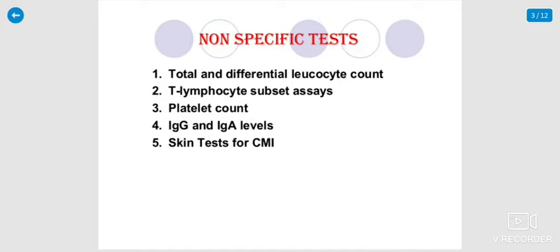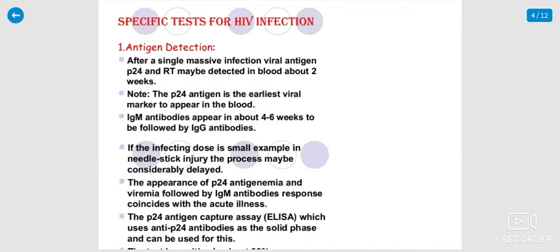And platelet counting, you know very well. IgG and IgA level test, immunoglobulin G and immunoglobulin A level test, and finally the skin test for CMI. So these are all the non-specific tests.